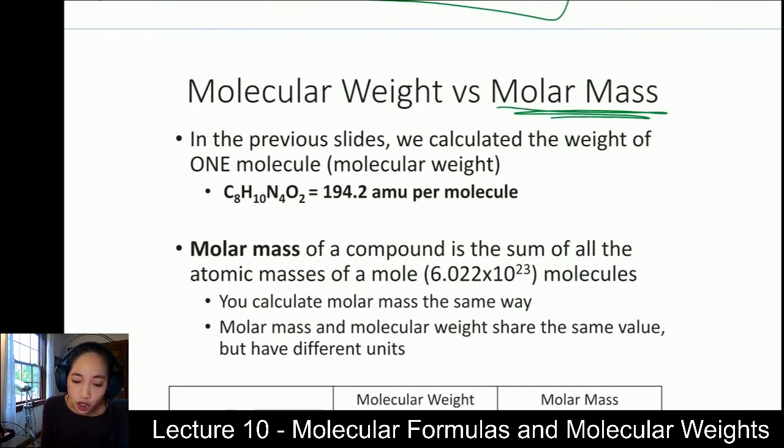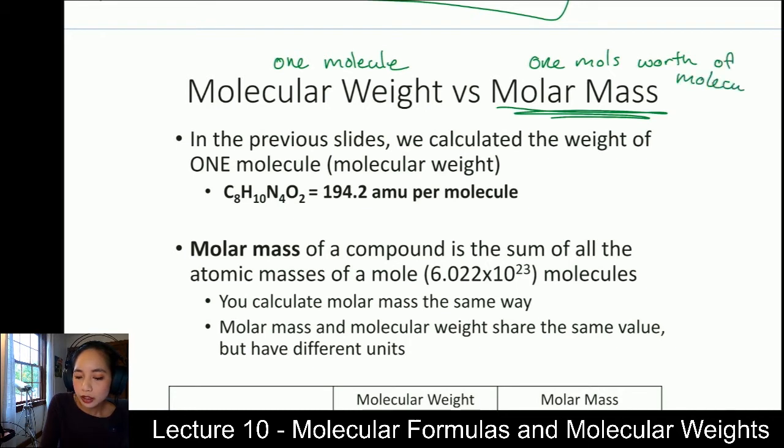We were just talking about molecular weight, which is the weight of one molecule, versus molar mass, which is the weight of 1 mole's worth of that molecule. And remember, a mole equals 6.022 times 10 to the 23, in this case, molecules.